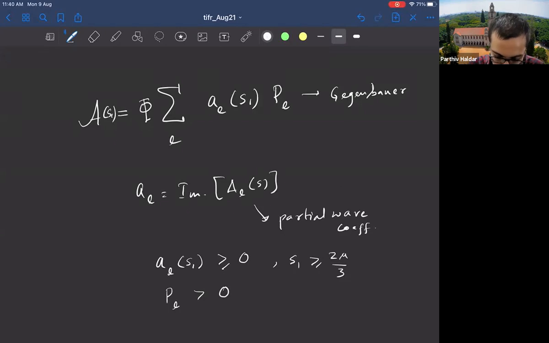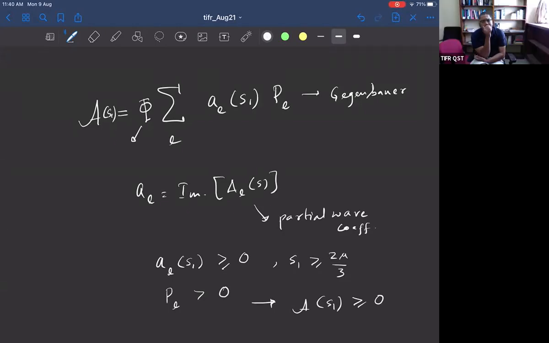So when you put them all together, you get that AS1 is non-negative, because AL can be 0. That's why you allow the possibility of 0.